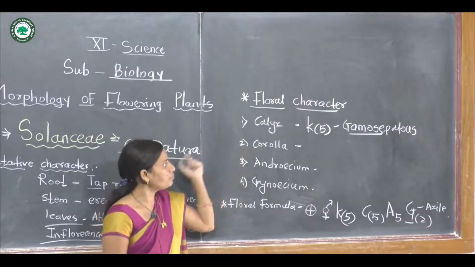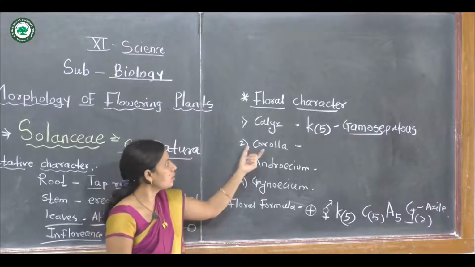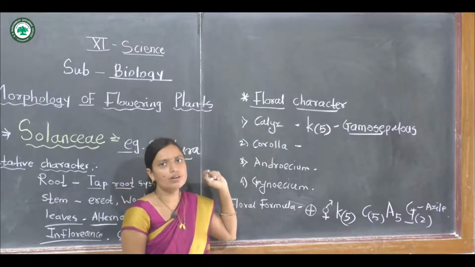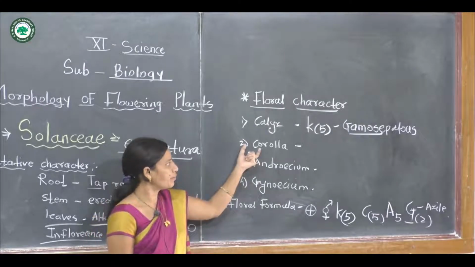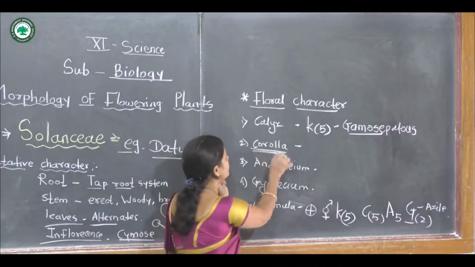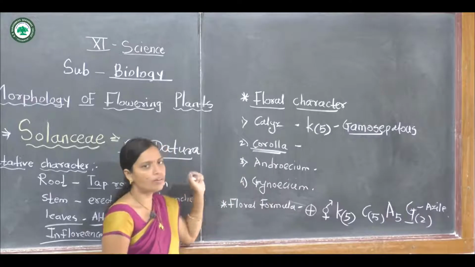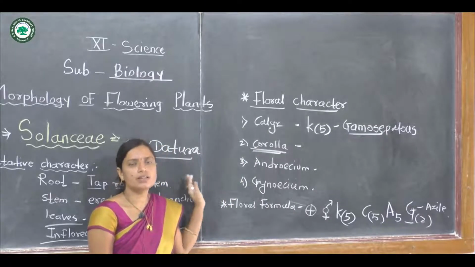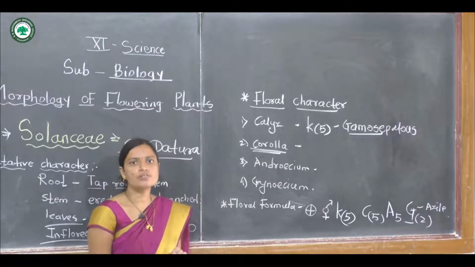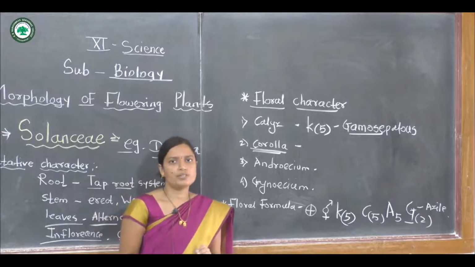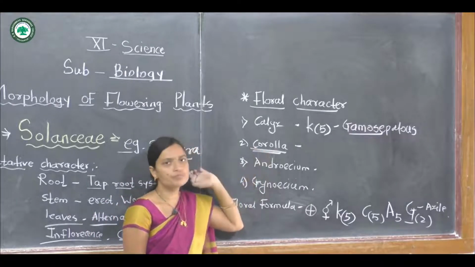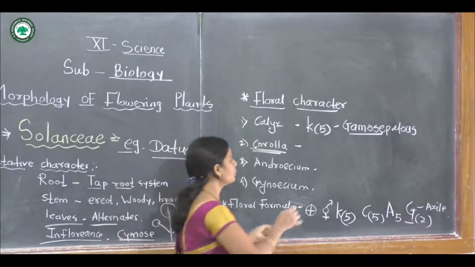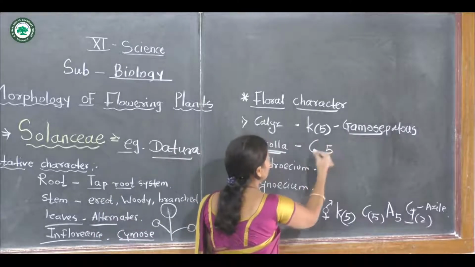The next character is the corolla, the second whorl of the flower, individually called the petal. Its most important function is attraction of insects. The corolla of this family has 5 petals.